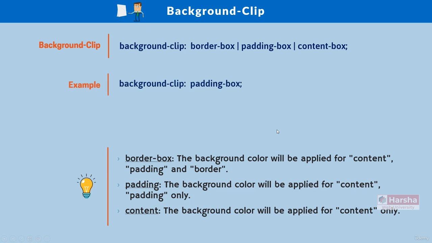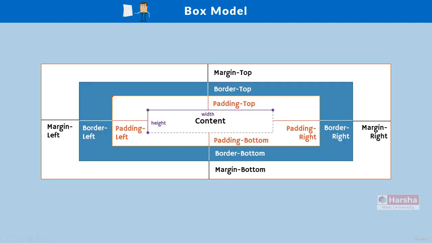The default value is padding box. That means by default, your background color or background image gets applied for everything including padding. That means by default, if you set a background color or background image, that gets applied only for this particular box, which is padding box, which includes content and padding, but excluding the border as well as margin.